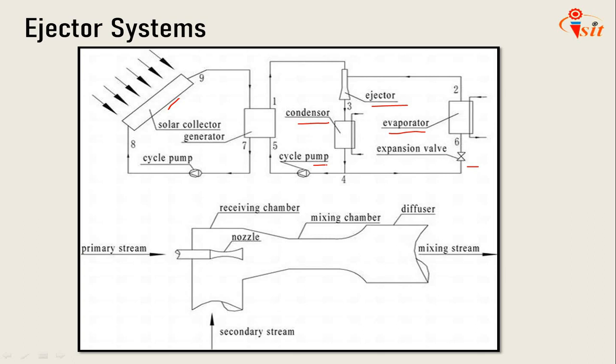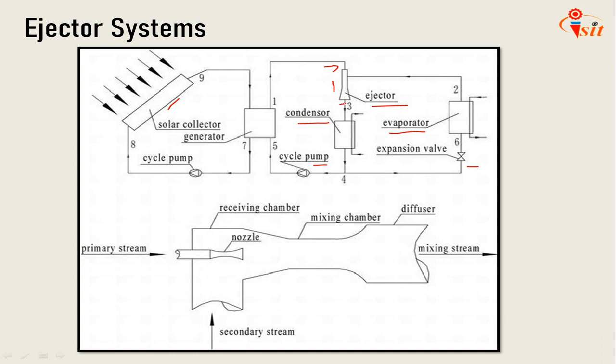In the generator, the refrigerant is vaporized as a primary steam by utilizing the solar energy coming from the solar collector. This primary steam leaves the generator at a relatively high pressure and enters the supersonic nozzle of the ejector, to accelerate it to supersonic velocity and create low pressure at the nozzle exit section.